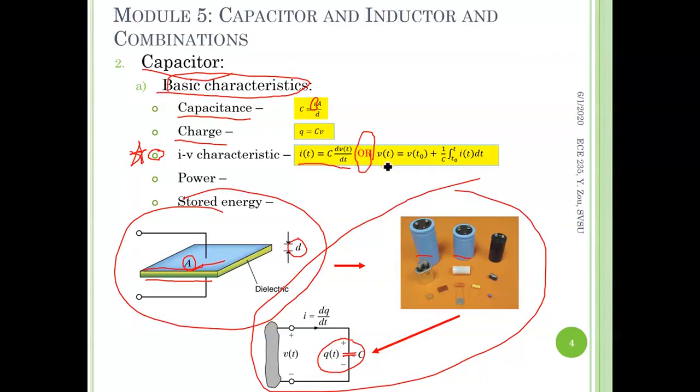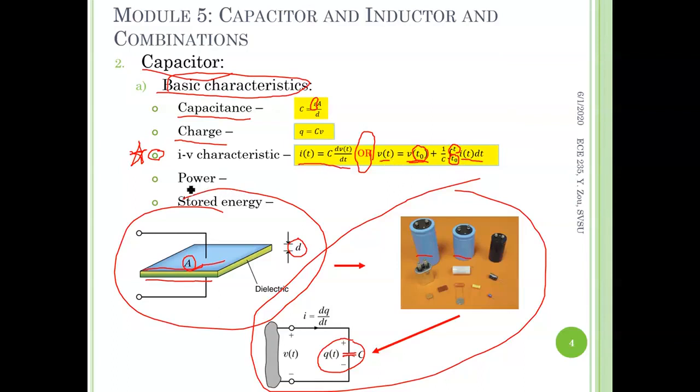Or the other way around, if you're looking for the voltage across it, be careful: first you have the initial voltage v(t0), plus 1 over capacitance times the integral of the current through the capacitor, with the lower limit being the initial time t0 and the upper limit being the time moment you're looking for the voltage at.